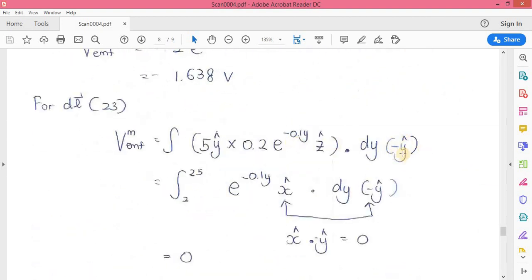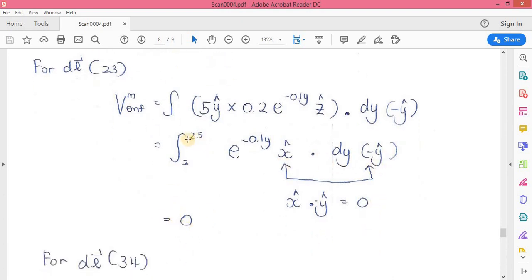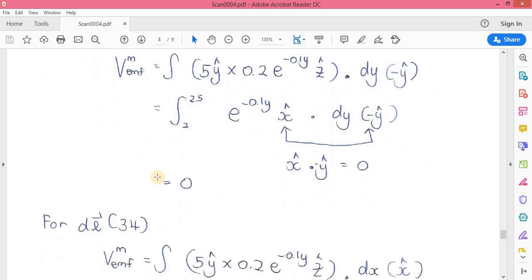So here is negative y and dy, and the length is from 2 to 2.5. When you look at the cross product of these two, you will get x, and here is negative y. When you perform the dot product for these two directions, you will get 0. So we do not need to do any integral calculation here. The answer will be 0. So this is for length 2-3.